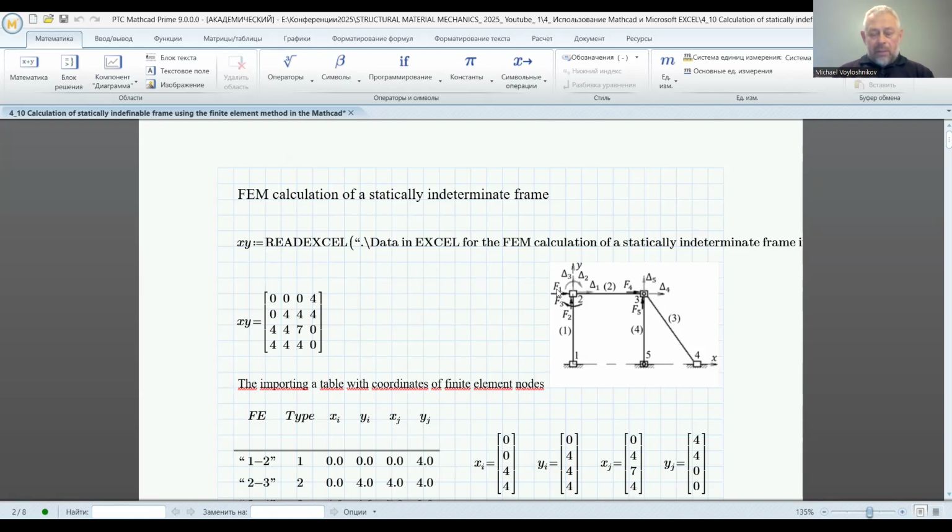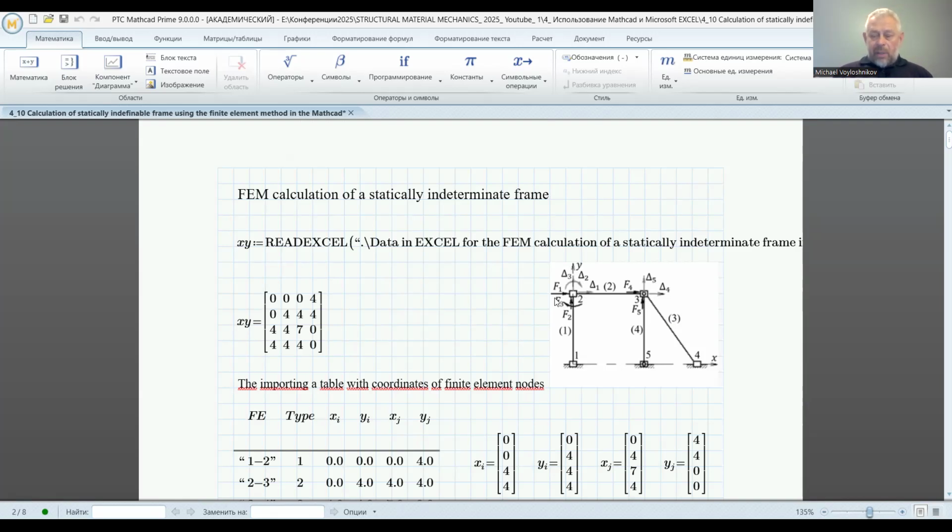The force is F1, parallel to the abscissa axis X. And to use the Mathcad method, we have to consider the forces applied in all displacement directions. In this node, we have two displacements because this is the hinge joint. So for node 2 we have three displacements to find.